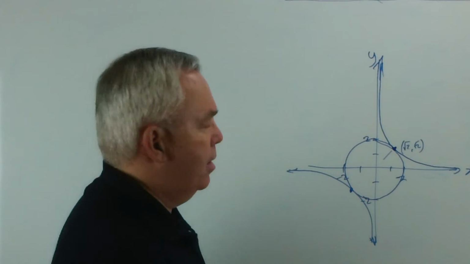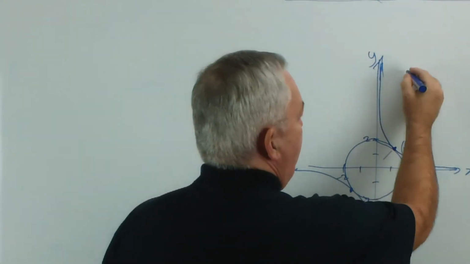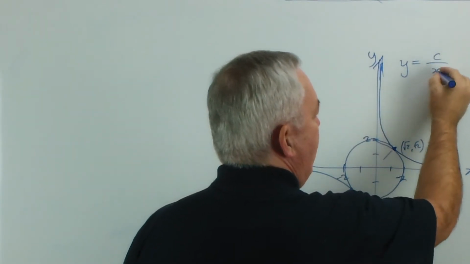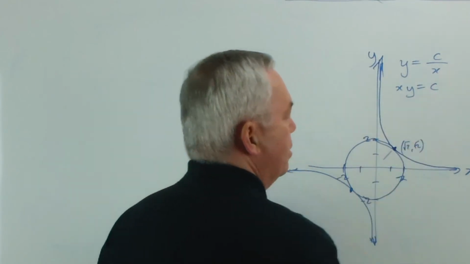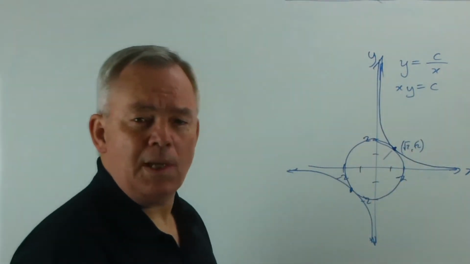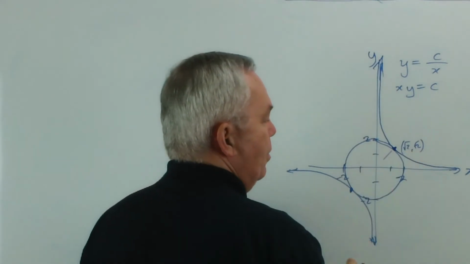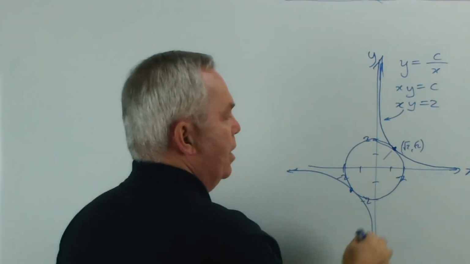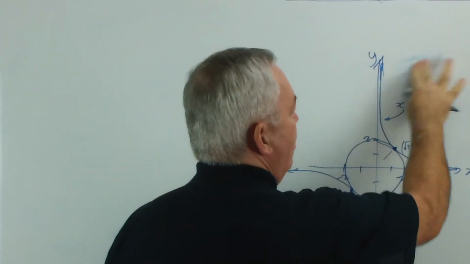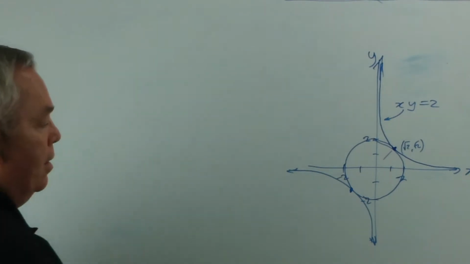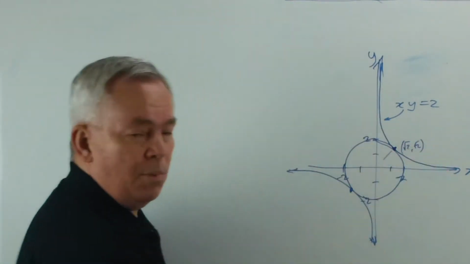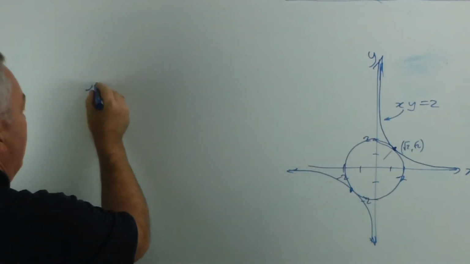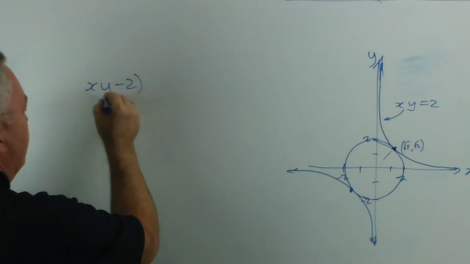What's the equation of this particular hyperbola? Well, we like them in the form y equals c over x, or xy equals c. What would x times y be in this case? Well, x times y would be 2. And that is the equation for this particular hyperbola. Very easy to construct. So how would we graph the circle and the hyperbola in one equation? We would rearrange this to xy minus 2 equals 0.